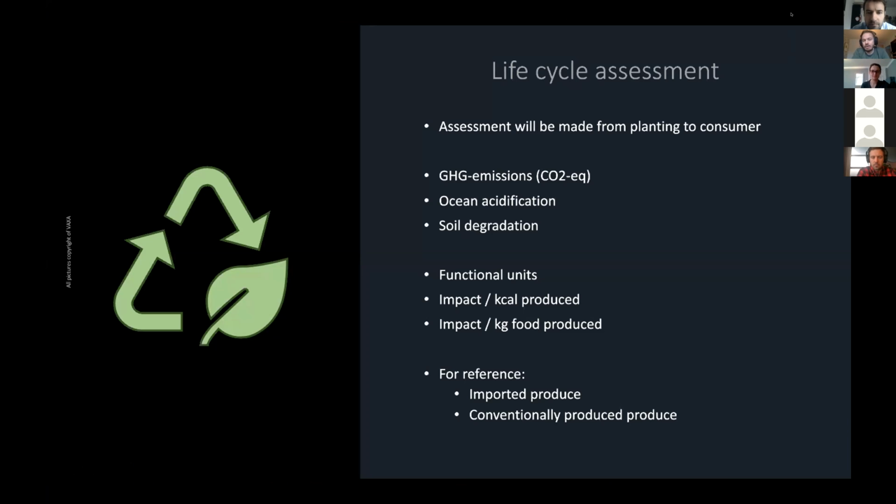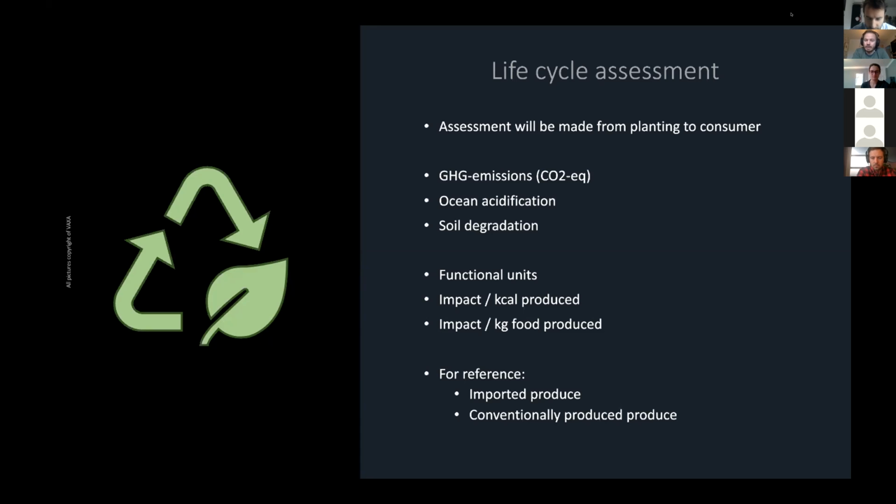So the grave phase is going to be omitted from this life cycle assessment. We're going to concentrate on the greenhouse gas emissions, probably in CO2 equivalent. We're going to look at ocean acidification and soil degradation. The functional unit is probably going to be impact per calorie produced.